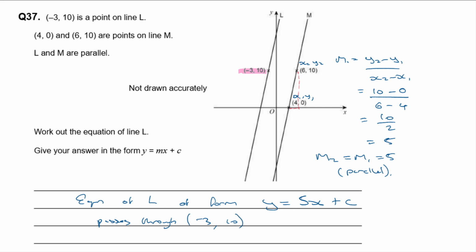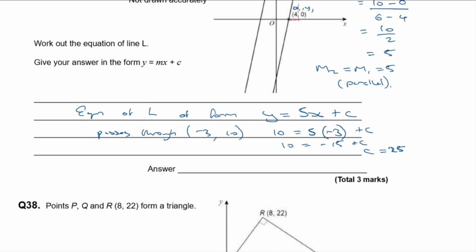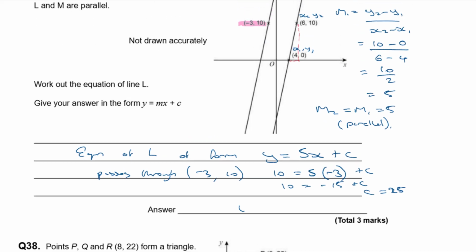So subbing those values in, very much like last time, the y coordinate is 10, and that's 5 lots of the x coordinate, which is minus 3. That should give me c then, shouldn't it? So 10 equals minus 15 plus c. So c then is equal to 10 plus 15. It's going to be 25. So then what is the answer? The answer is y is equal to 5x plus 25.